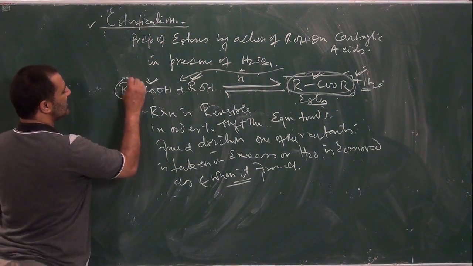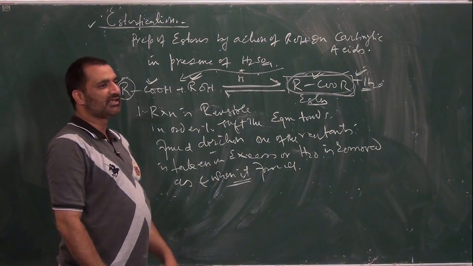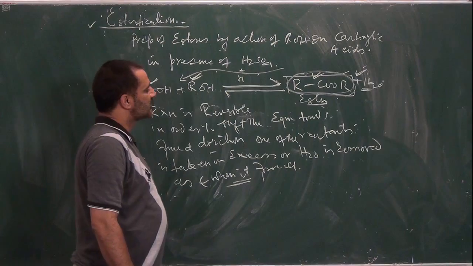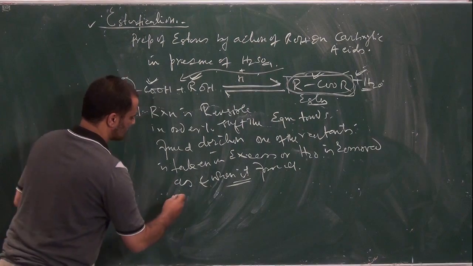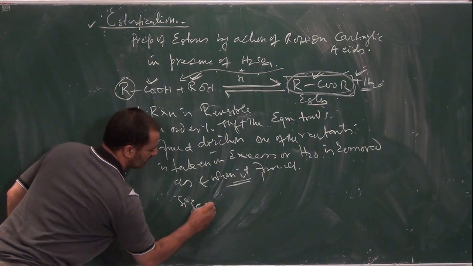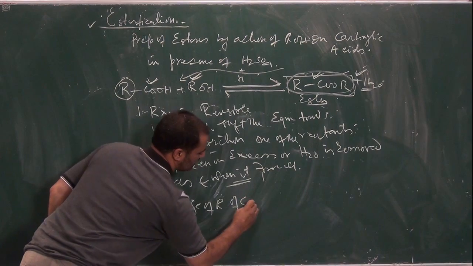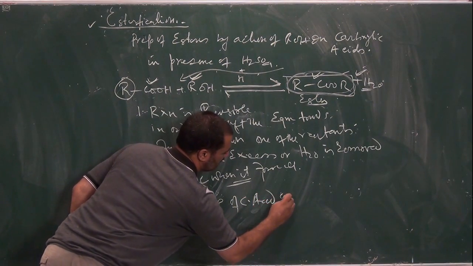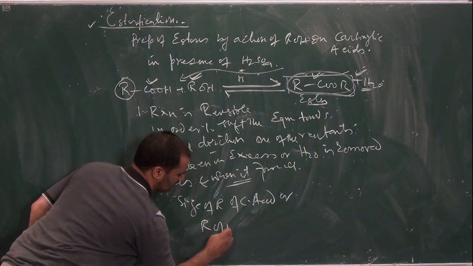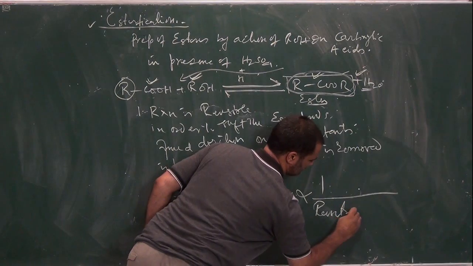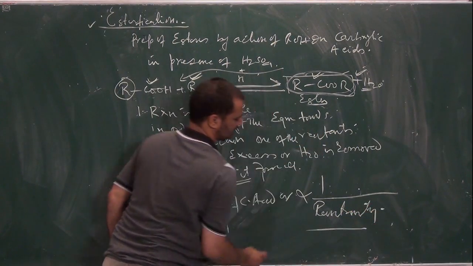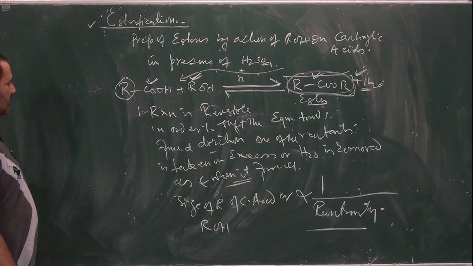So far as the size of the alkyl group is concerned, it has a great relation with reactivity. The size of R of the carboxylic acid or alcohol is inversely proportional to reactivity because of steric hindrance.